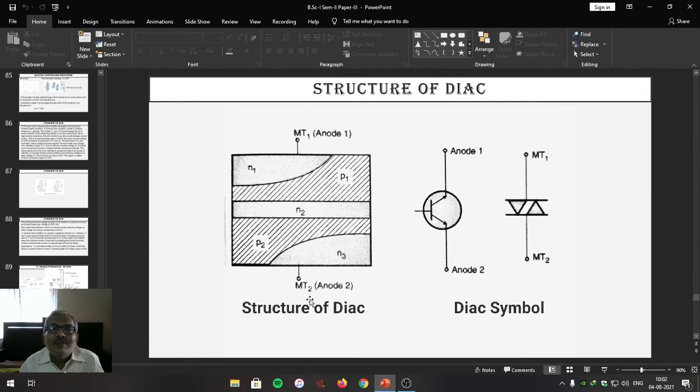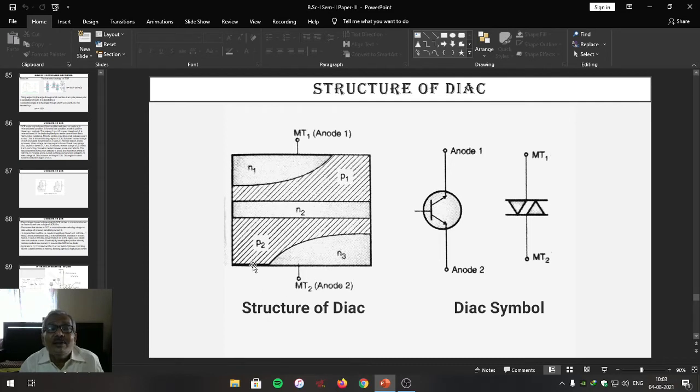Thus, at a time, 4 layers come in working condition, respectively P1, N2, P2, N3. That is a PNPN, the first 4 layers, which when they come in working condition form one SCR, conducting in one direction.